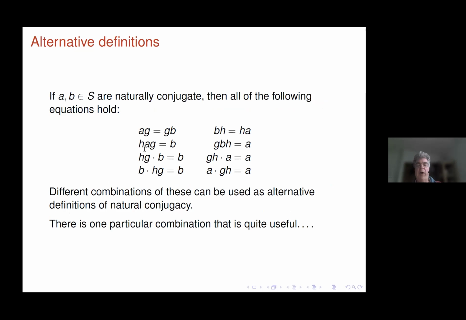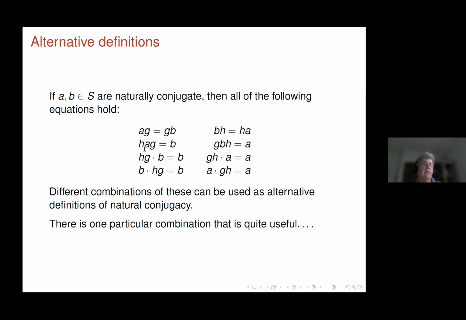So the top 4 equations in the 8 displayed equations here were the ones that I used as the definition, and I used that just because Konieczny did in his original paper. But in fact, if those hold, then all 8 of these equations hold, and you can take different combinations of them to give different definitions of natural conjugacy.